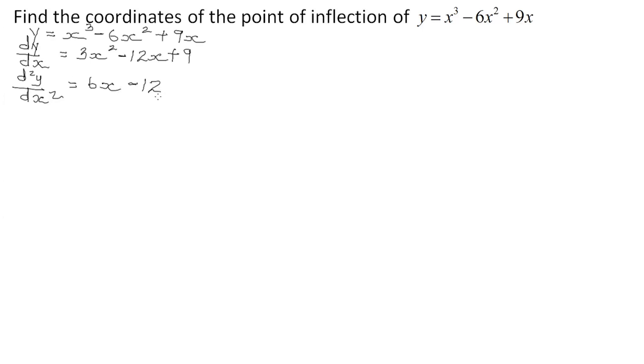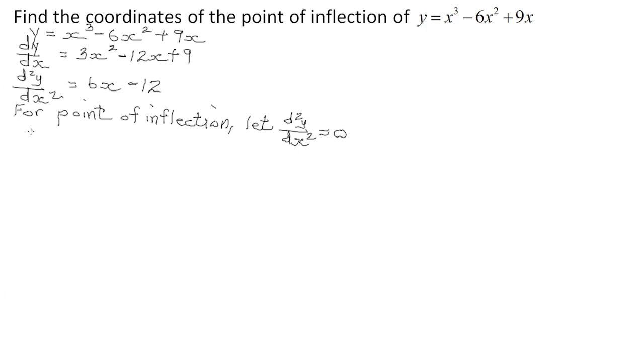After you have found your second derivative, now you write down your statement for point of inflection, because that's a condition for point of inflection. Let your second derivative be equal to 0.